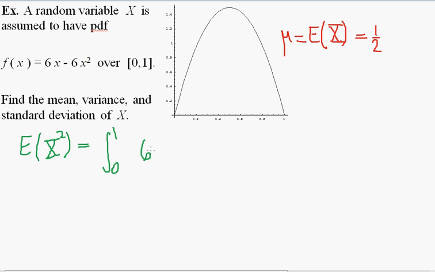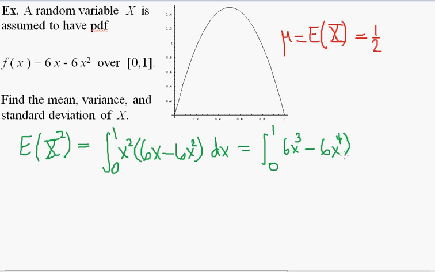I have the 6x minus 6x squared again, but this time I multiply by x squared in front, dx. So integral from 0 to 1 of 6x cubed minus 6x to the fourth dx.